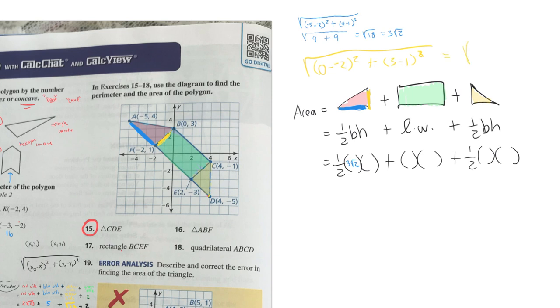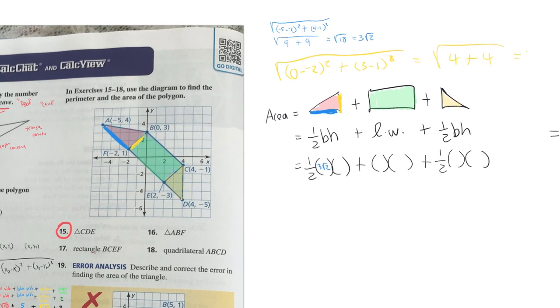Now that's going to turn into positive 2 squared, which is 4, plus 2 squared, which is another 4. So that's going to be radical 8. Now that's, at the end of the day, just 2 radical 2, if you were to simplify that. So that's going to go right here, 2 radical 2.